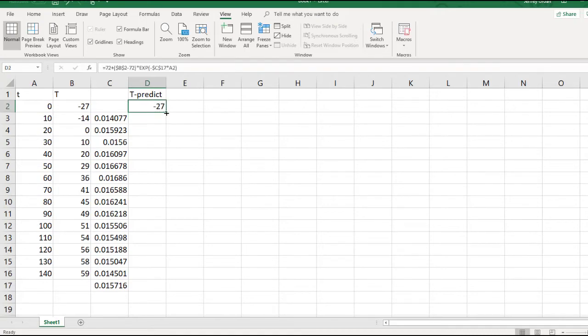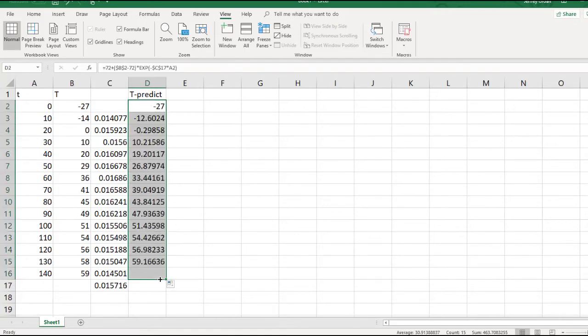We can predict the temperatures at various times using the formula that we found for the solution.